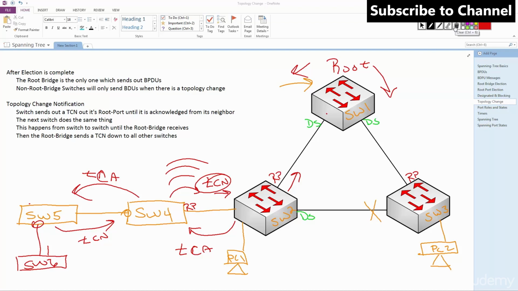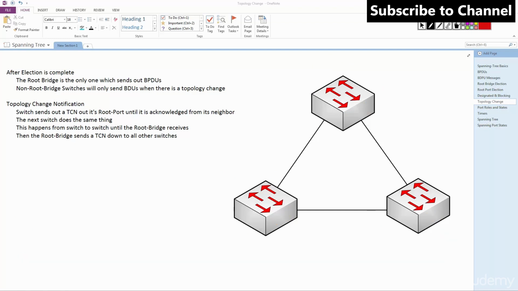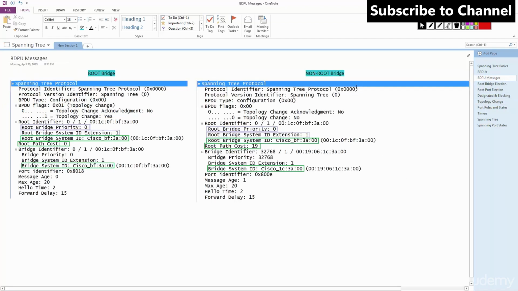Now, how do we get these messages up there? That's right, BPDUs. Now, if we go back to our little message here, as you can see, right here, I have this interesting thing, topology change.